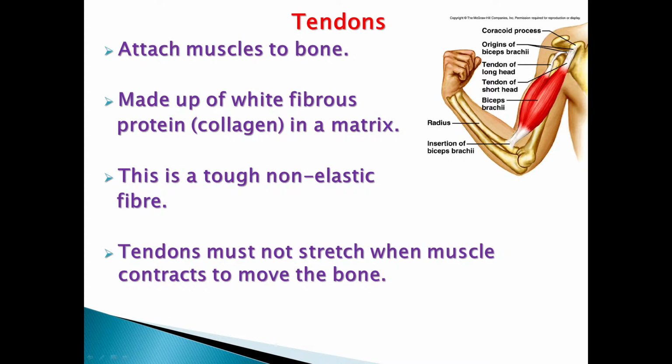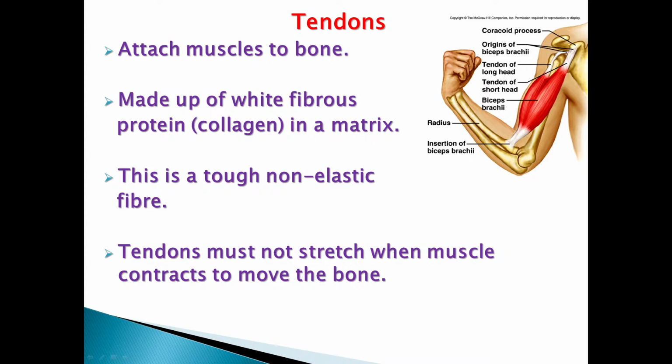So ligaments can offer some amount of stretch, but with tendons, it is normally the total opposite. If the muscles can actually extend, that means muscles can actually stretch. So there's no way you can have two things that actually stretch join into each other and expect them to allow movement.